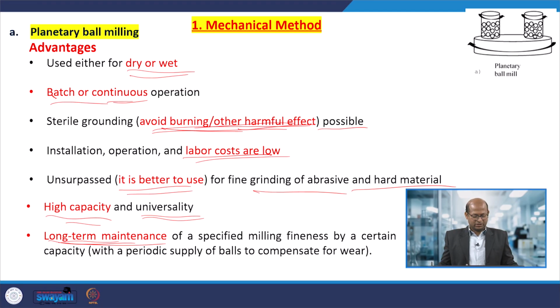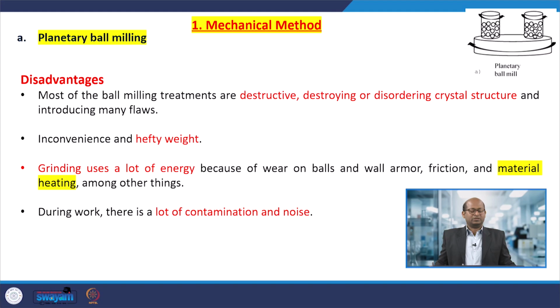Long term maintenance of the specified milling speed and fineness at a certain capacity needs a periodic supply of balls to compensate for wear. So maintenance also is very easy. Okay. Some disadvantages: the process is destructive, destroying the crystal structures.